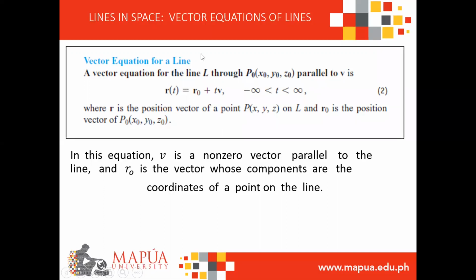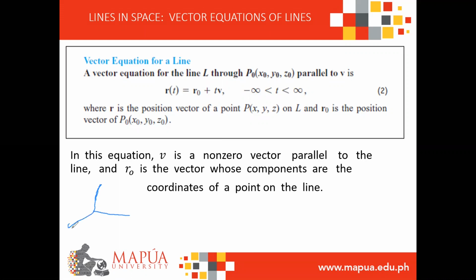If we are going to geometrically interpret the definition, we have here the x, y, z axes. Then we have a line L. This is your line L, with points P sub 0 and P whose coordinates are given.